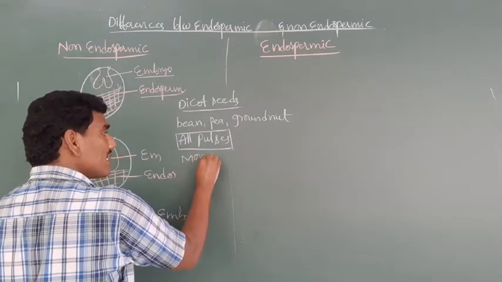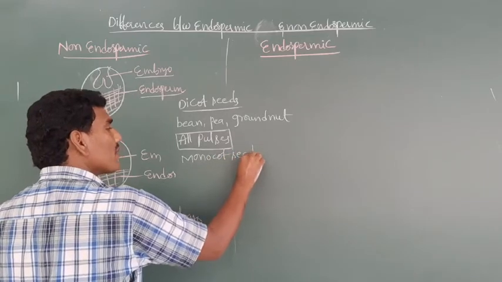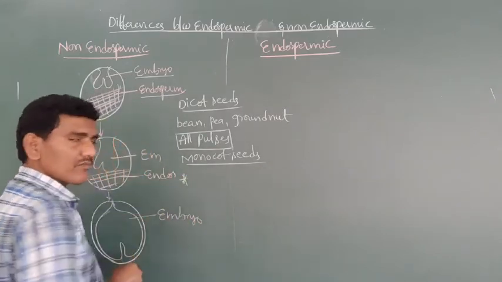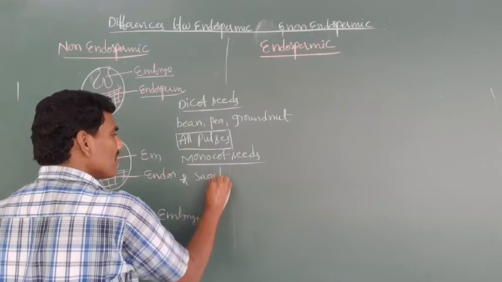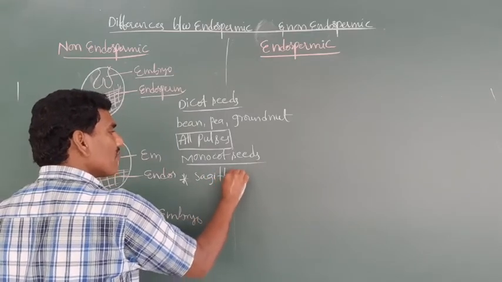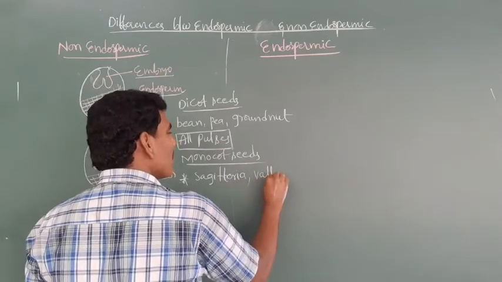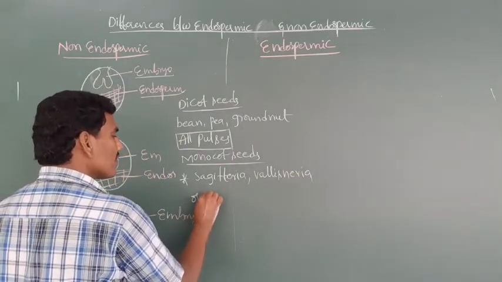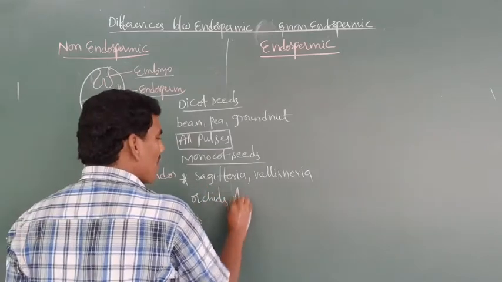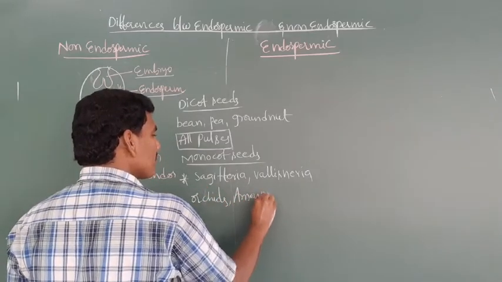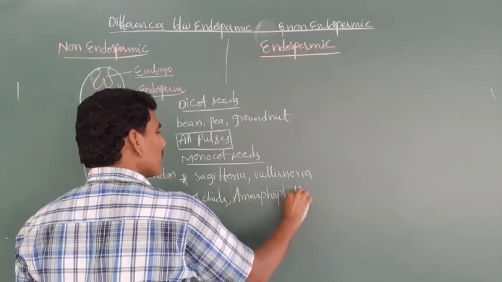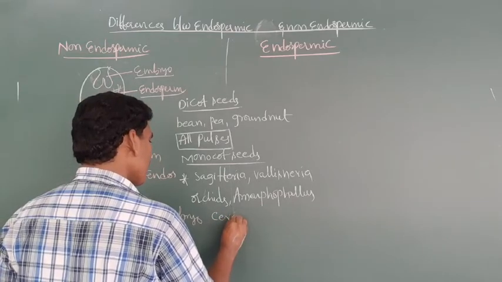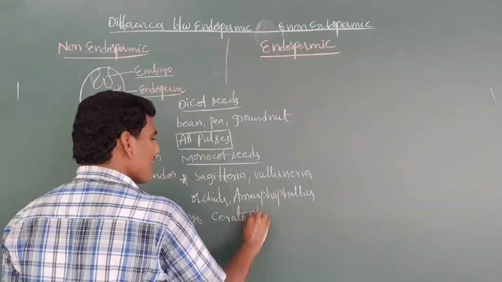Non-endospermic monocot seeds. Examples are Sagittaria, Vallisneria, orchids, Alisma, and Ceratophyllum.